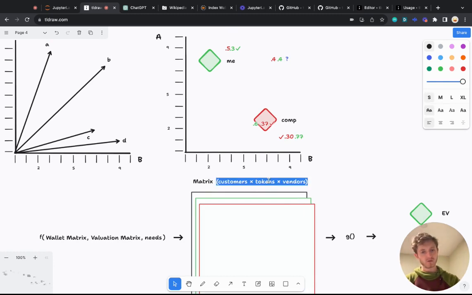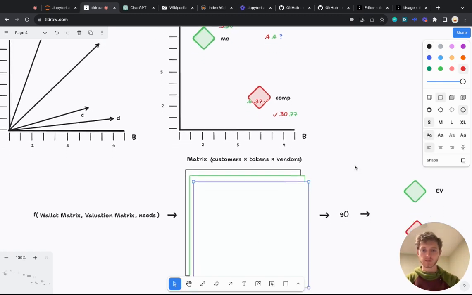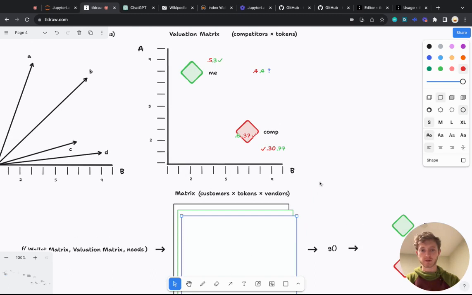No. Why would you need tokens here? Okay. Why does this need to be three-dimensional? Why can't it be two? Input valuation matrix.